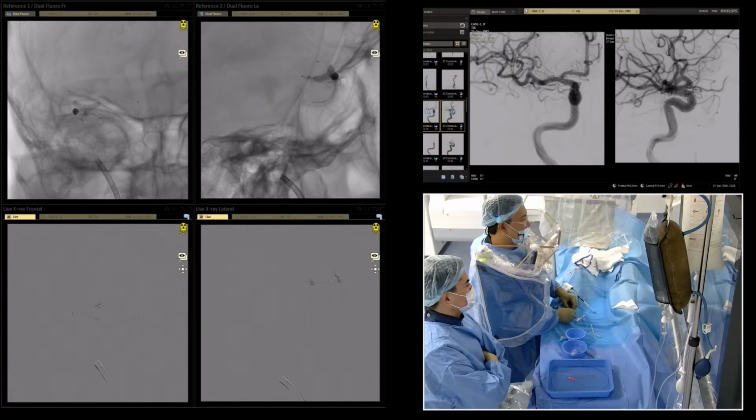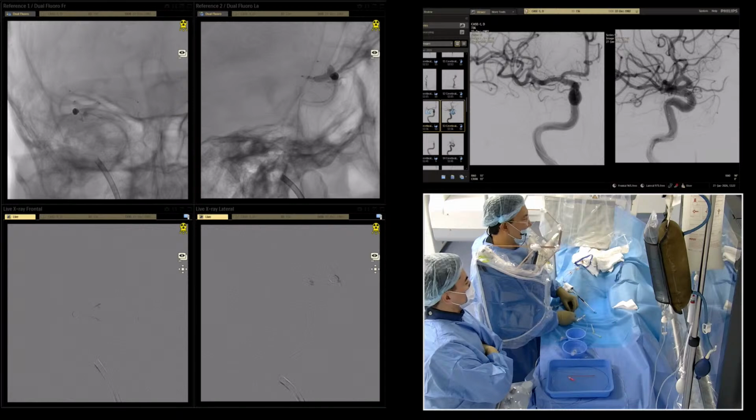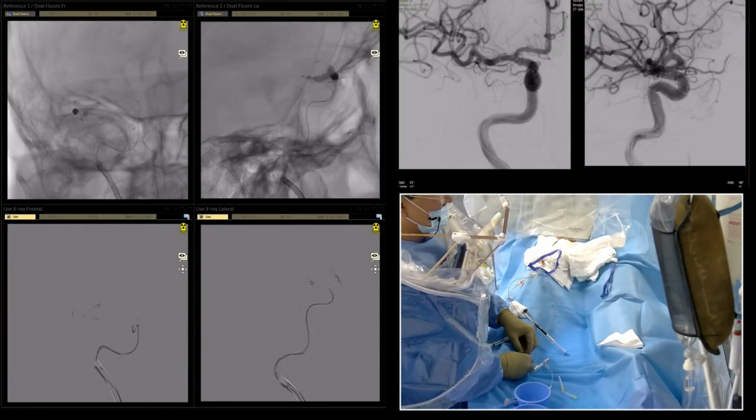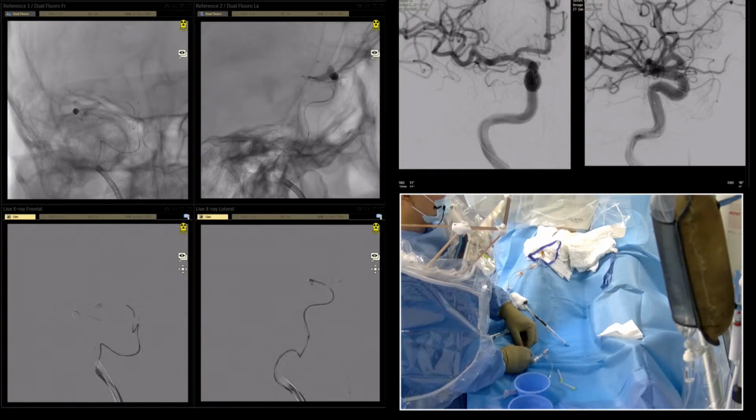No. Okay. Yes, the patient already has hemiparesis. I hope we do not increase the present deficit. Yes, it's a problem with the Eclipse double.